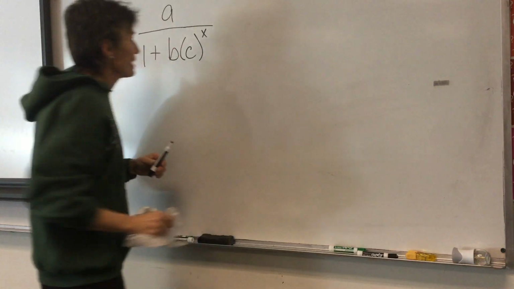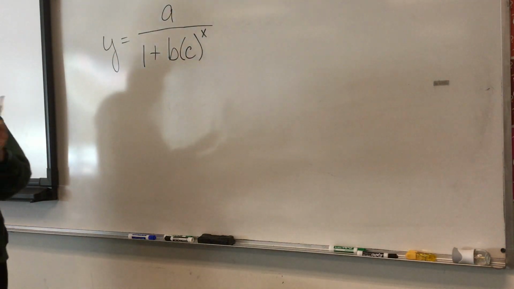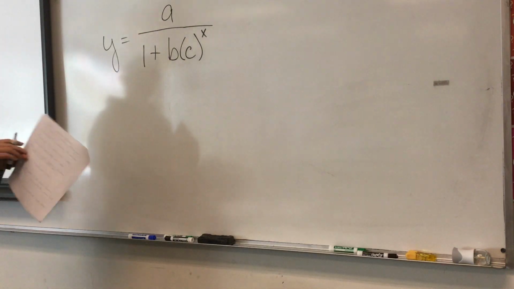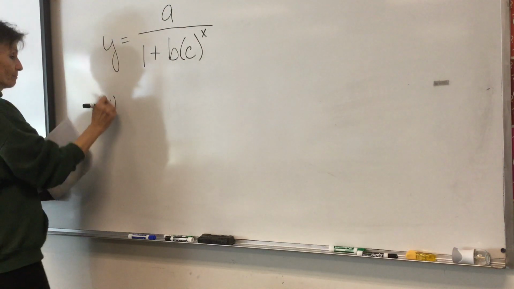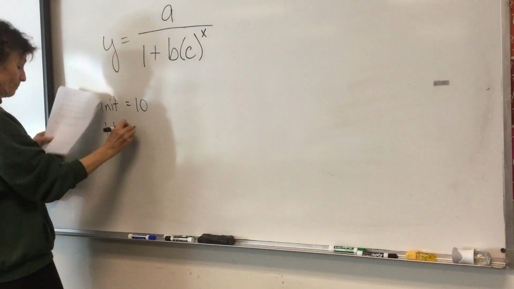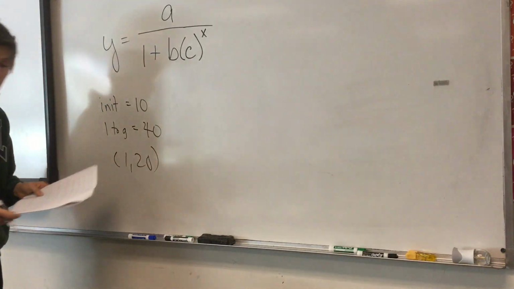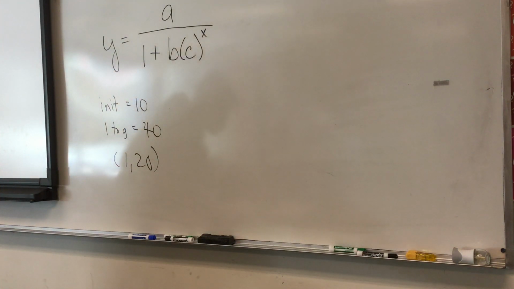So let's look at what they give us in this first logistic problem. It says the initial value is 10. The limit to growth is 40, and it contains the point 1, 20.